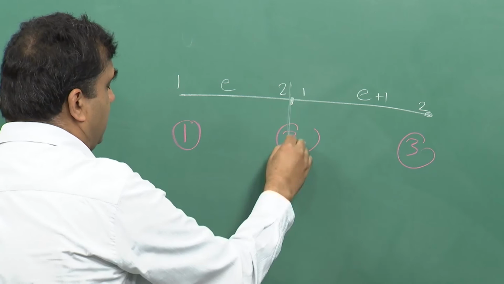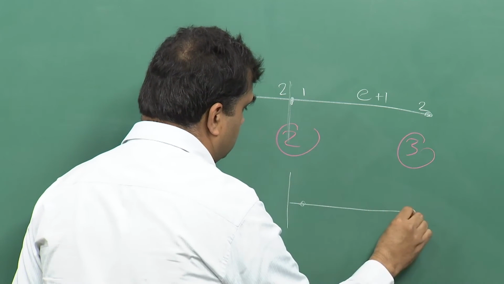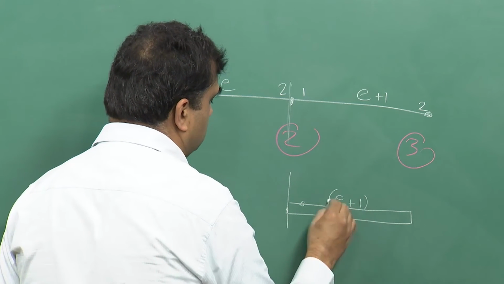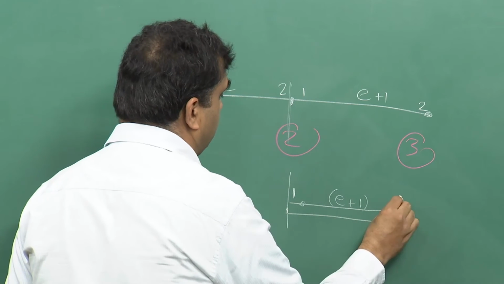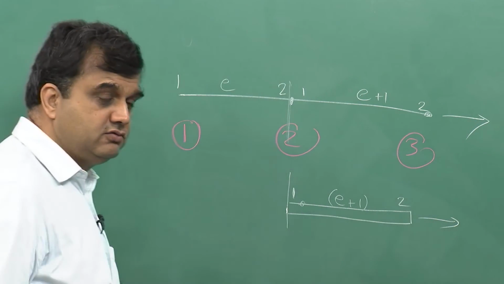Then when I break it at the element level, what will happen? This is the E plus 1th element, this is node 1 and node 2, and suppose I am pulling it like this, what will happen?